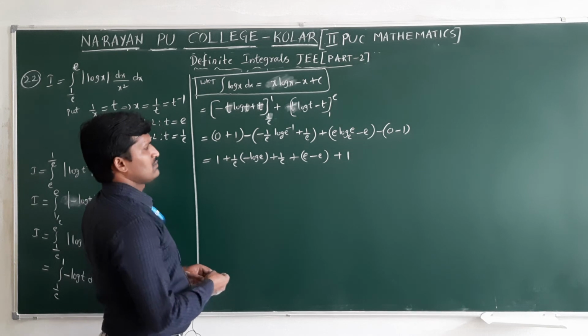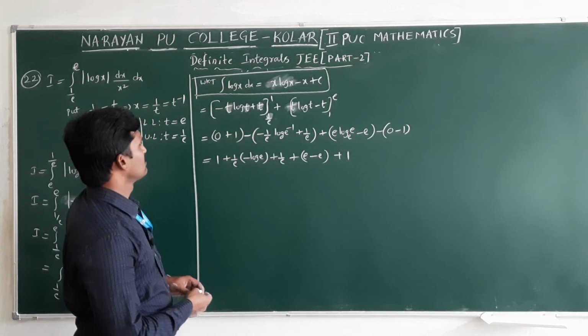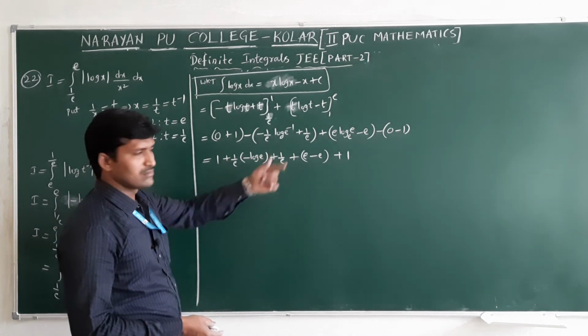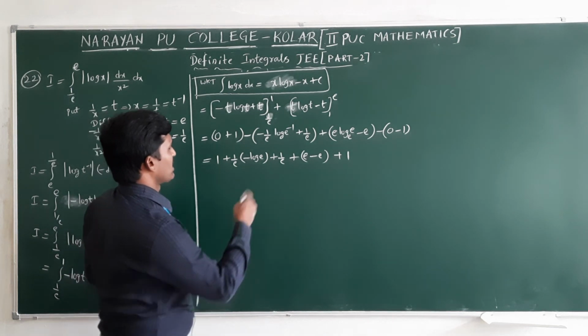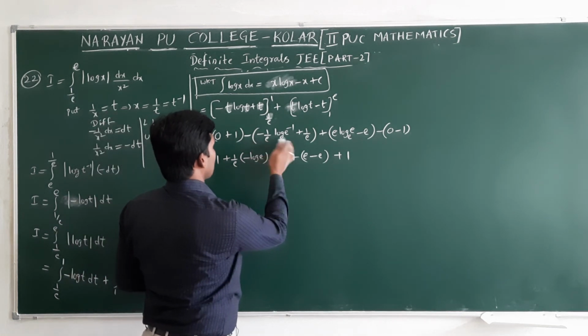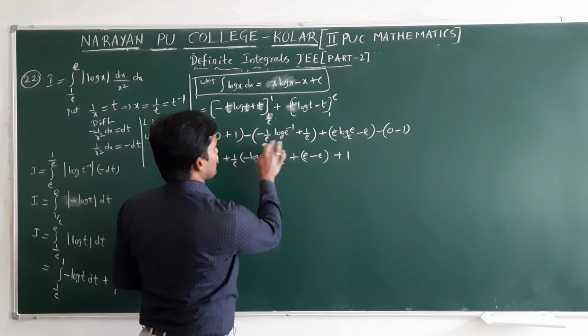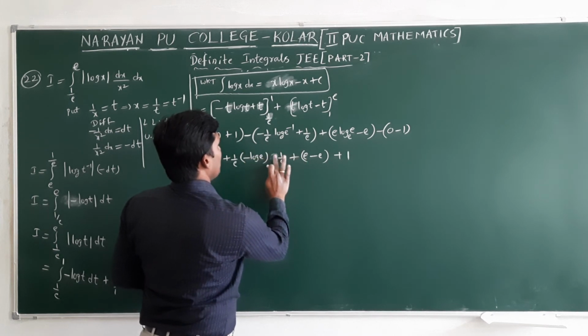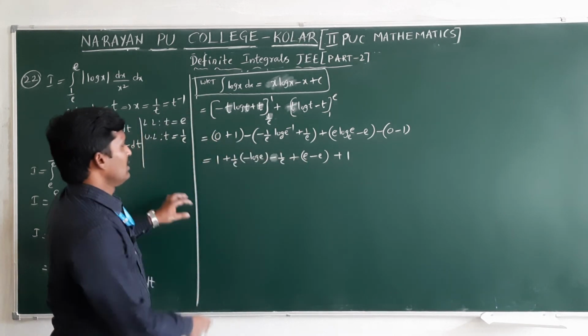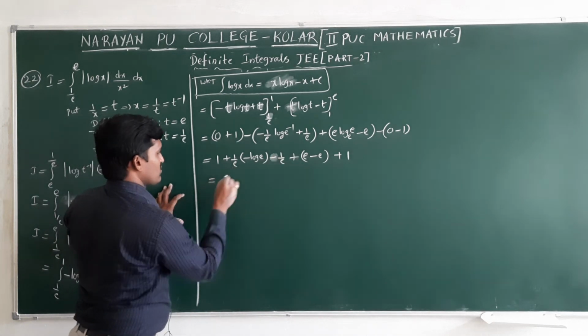Now here, minus into plus is minus, minus of minus, plus will get, here total minus. Next here 1 plus 1 is 2.